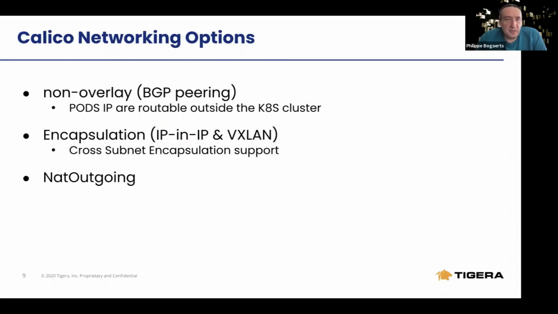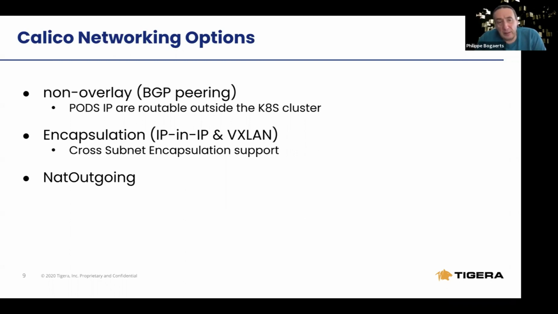So when we talk about Calico networking options, there are a few things to keep in mind. First of all, Calico has a standard way of using encapsulation. That means that if you set up your Kubernetes cluster, when you install the CNI, you have a few options.